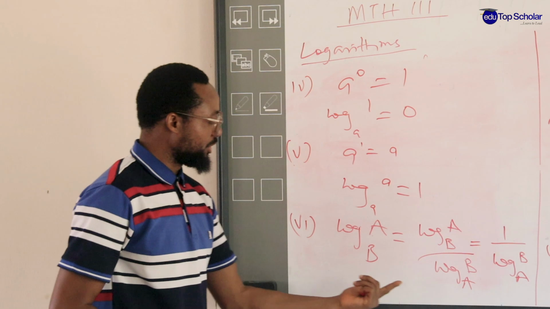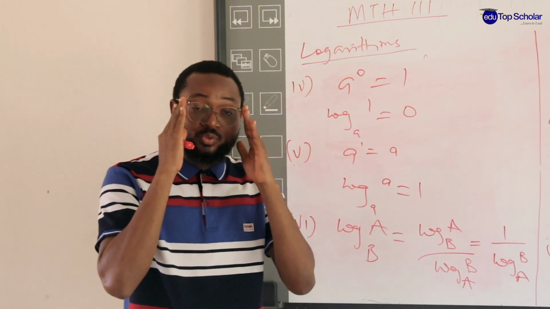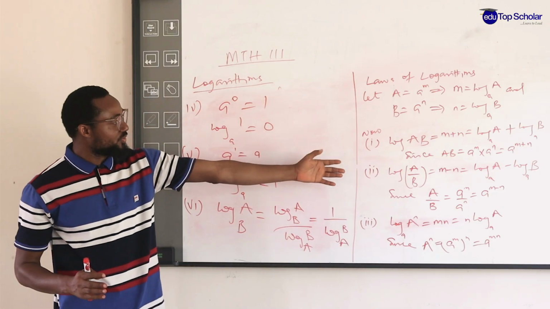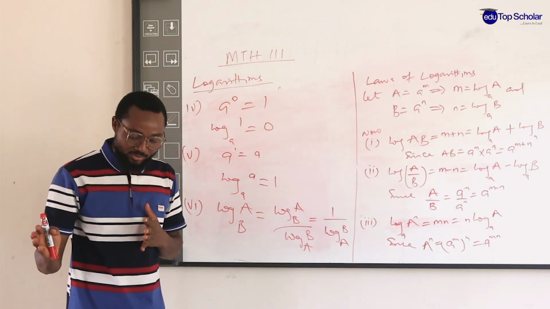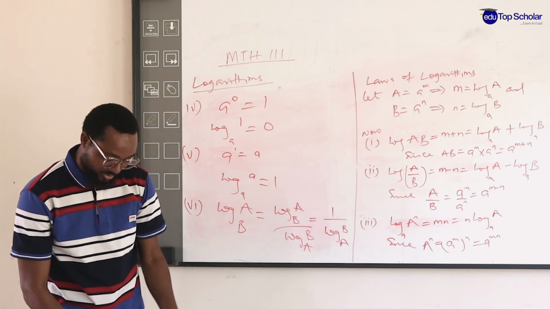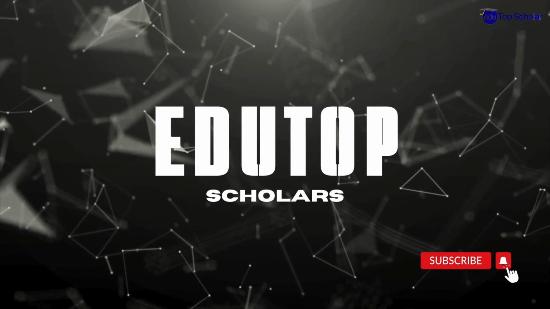And we call this the change of base. Now, we want to see how we can apply all these laws, using them to solve some questions. We want to take some examples to establish all these laws.